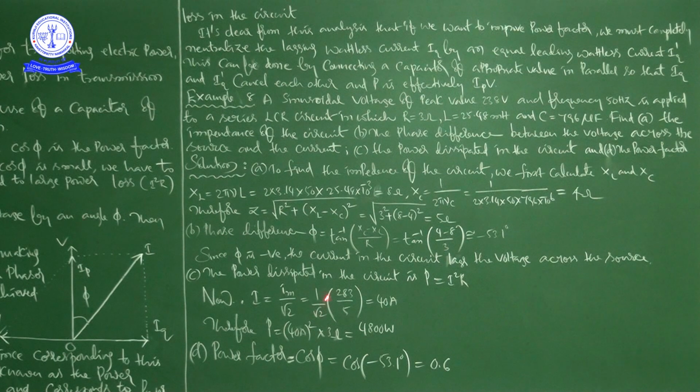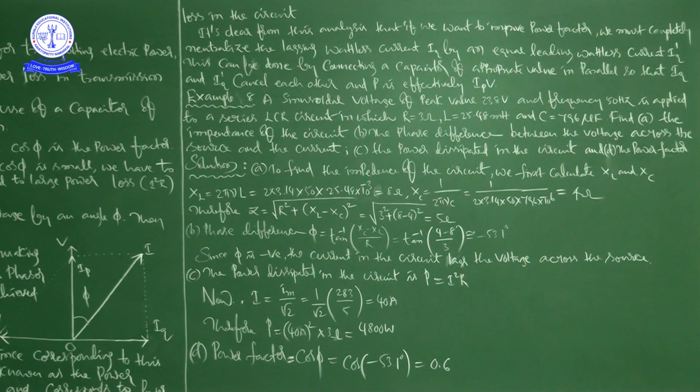So that is 1 by root 2 into 283 divided by 5, which we can write as 40 amps.